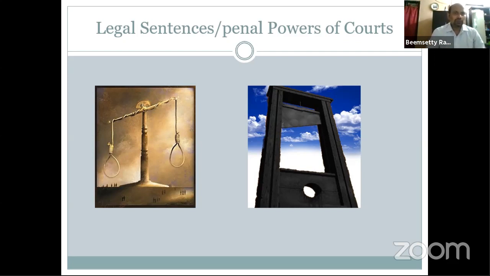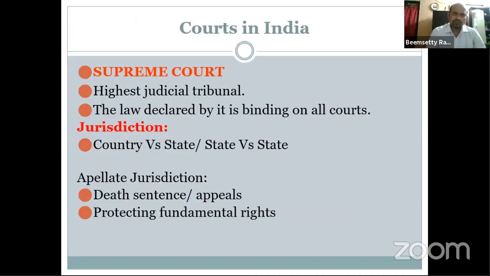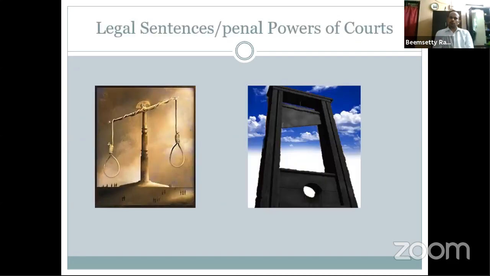Now we'll be going from below to up, from district level to state, and then finally to all over the country. First, in district level, which is the lowest court, second class judicial magistrate.